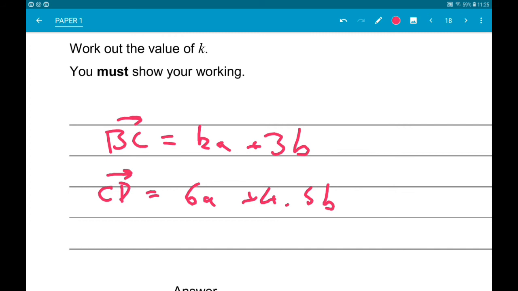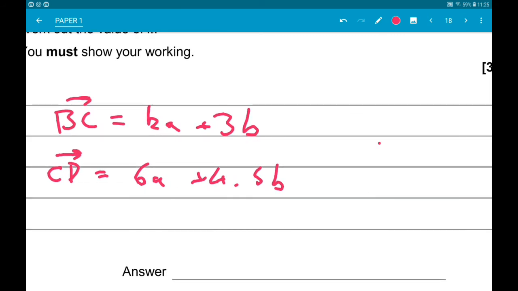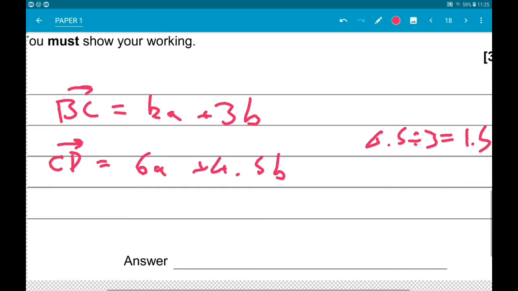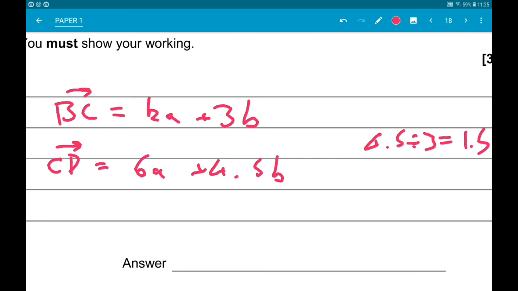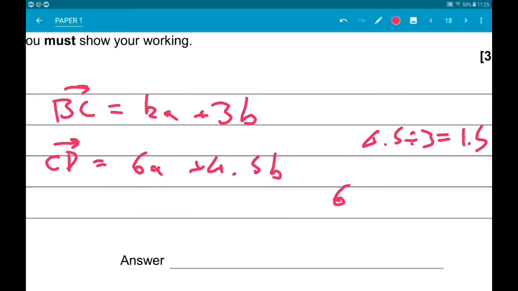So to work out the scale factor, we're going to do 4.5 divided by 3, which is 1.5. So to get the value of K, we then need to do 6 divided by 1.5, which gives us 4.